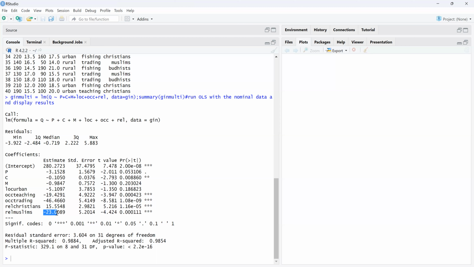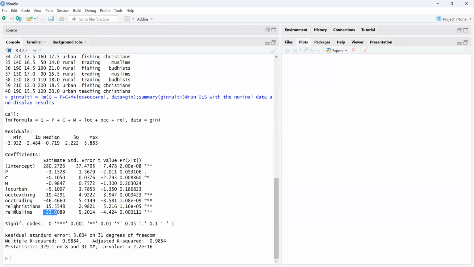So you say that on average, given the price and complement price of gin, the income of the people, location of the shop, and occupation of the people, quantity demanded is predicted or expected to be 23.01 units less. I'm sure you know why it's less, because of the negative sign.